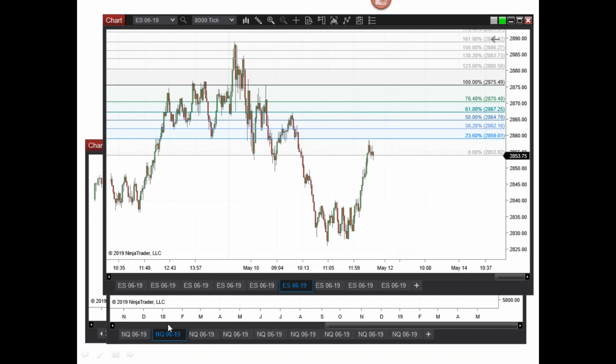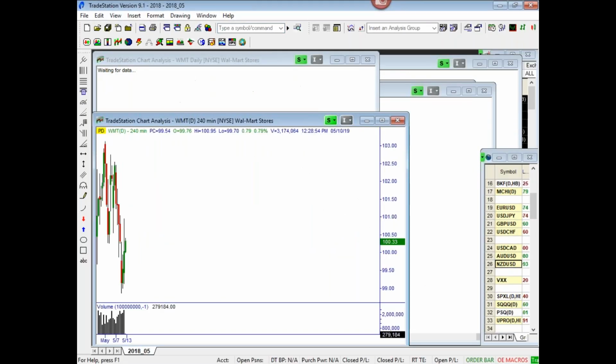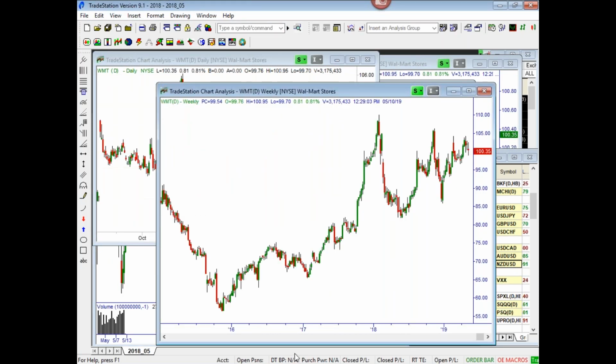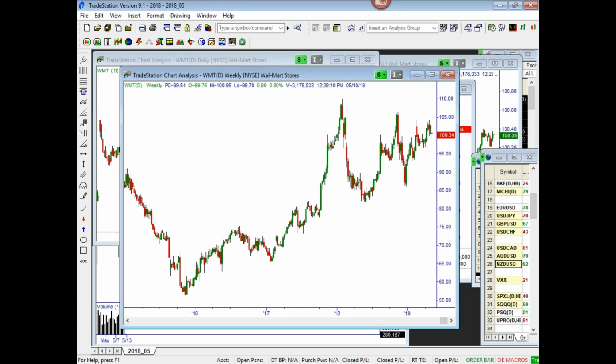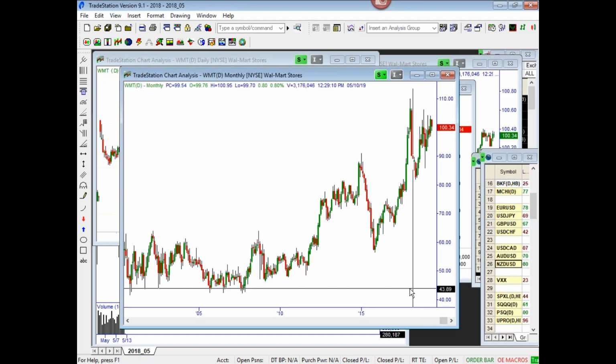Walmart. Walmart looks like it wants to do a 2T on the monthly charts.